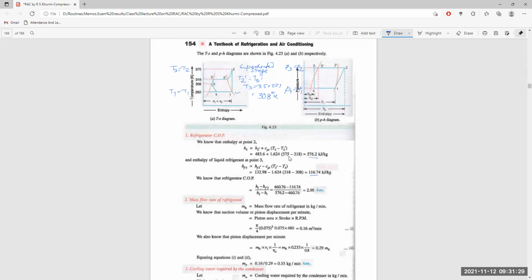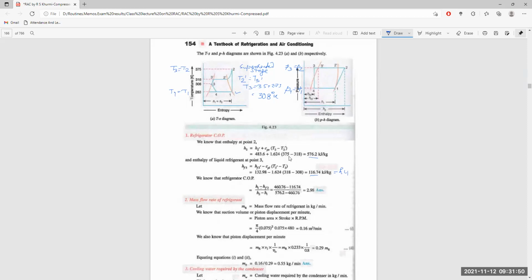And we know HF3 is equal to H4, as we consider these to have the same heat content at point 3 as well as at point 4.